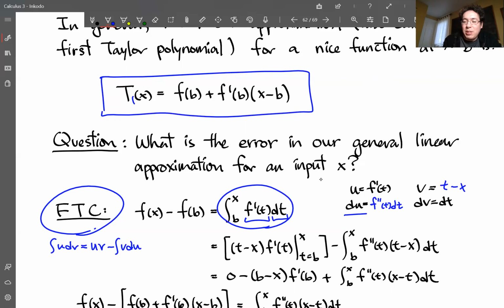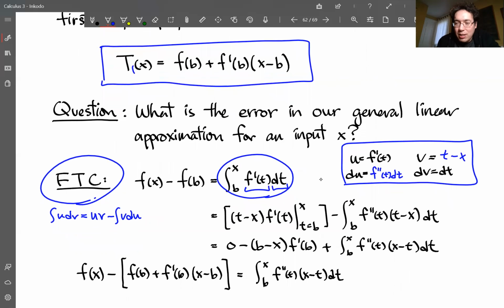Okay, so now that I have this, let's plug that into the formula for integration by parts. So now I have u times v right here, and this is going to be evaluated from t equals b to x, minus the integral of v, which is t minus x here, and du, which is f double prime of t dt.